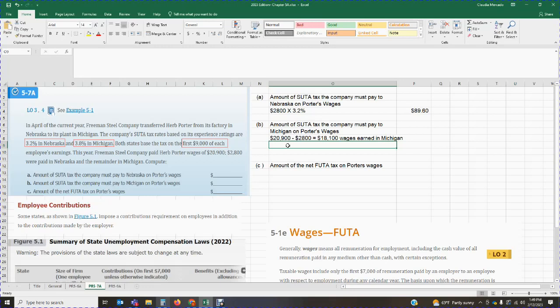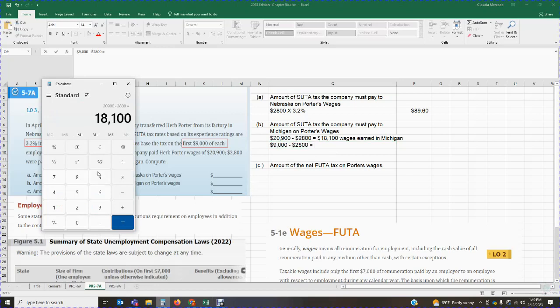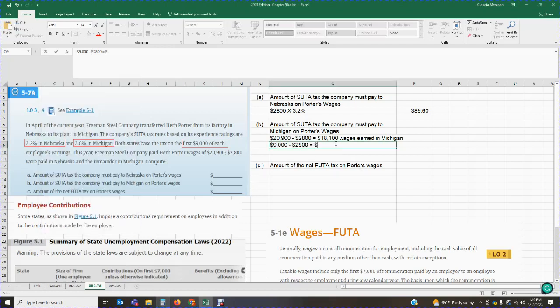We already know that out of the $9,000 cap that we have, we've already paid SUTA taxes on him on $2,800 of those wages. Okay? On those $2,800 that he earned in Nebraska, we've already contributed to Nebraska for those wages. So we are only going to pay taxes on $6,200. Okay?